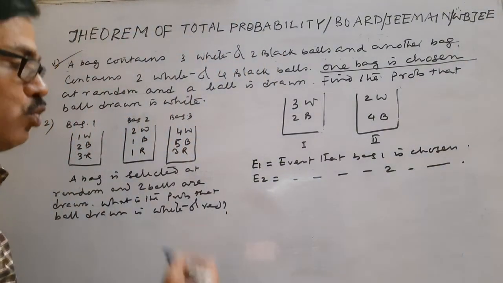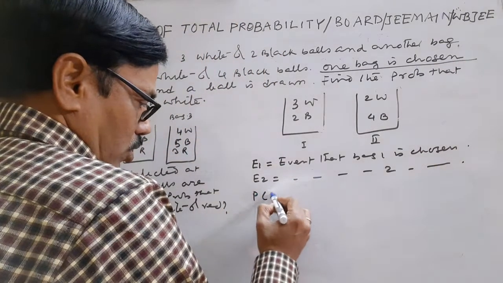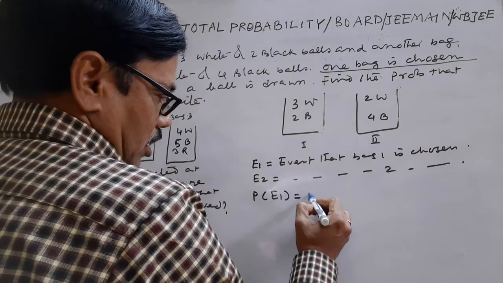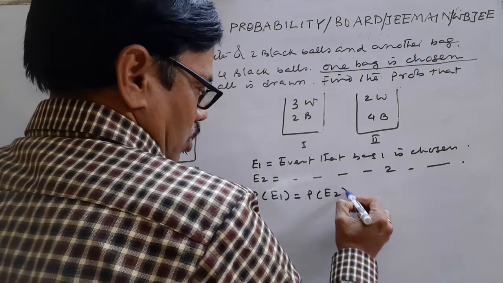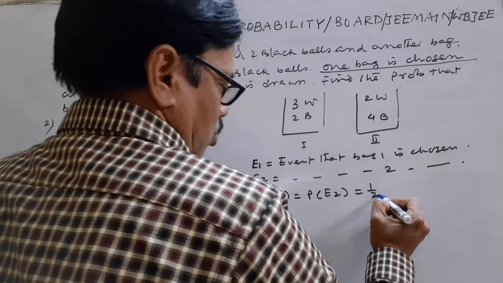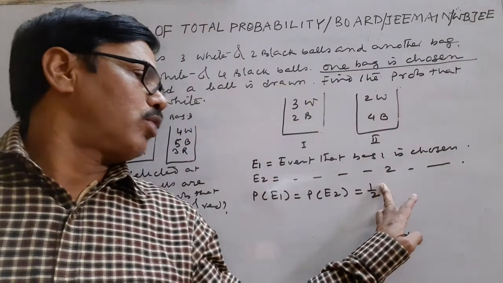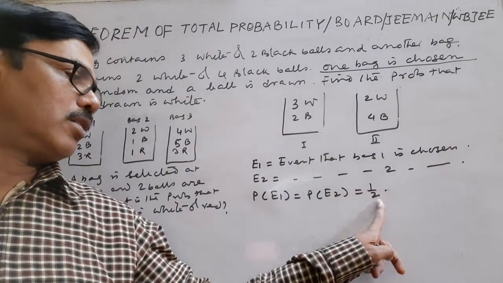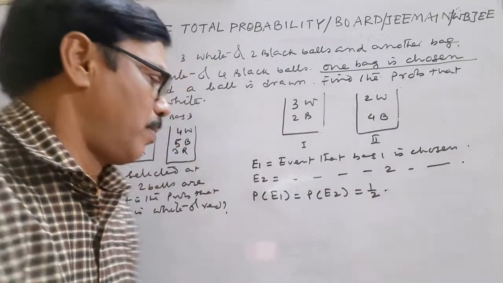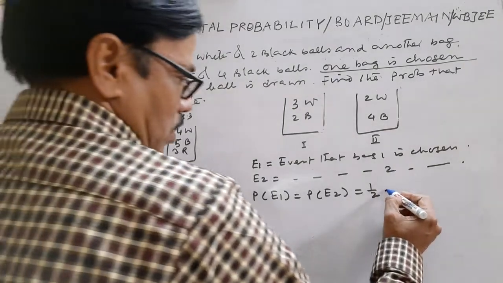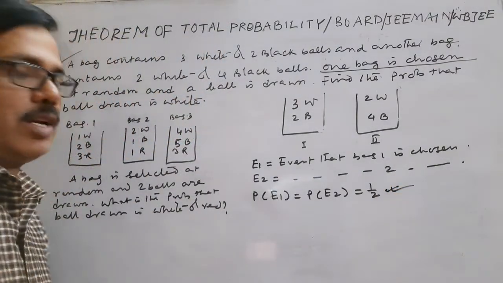So there are 2 bags, so P(E1) equals P(E2). They are equally probable. Out of 2, 1, so this is 1 by 2. So P(E1) and P(E2) we are getting.